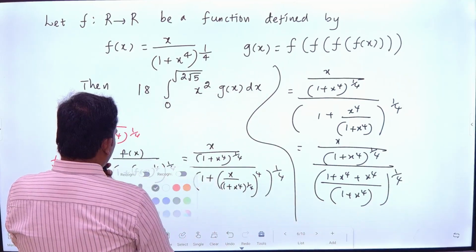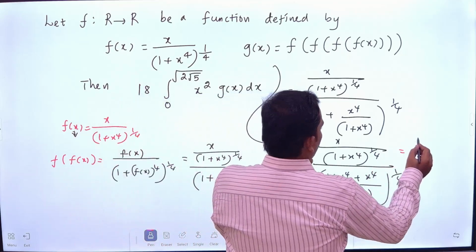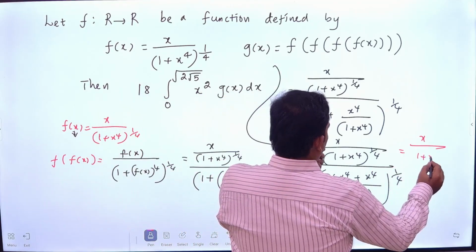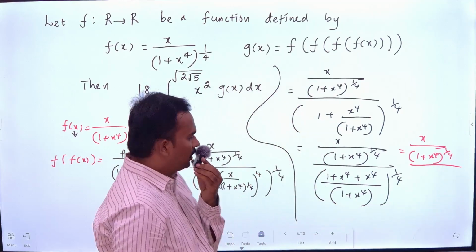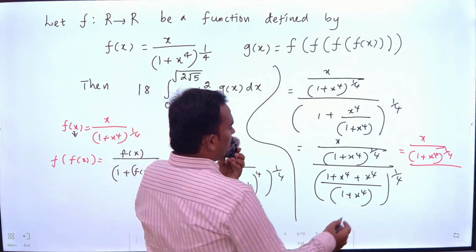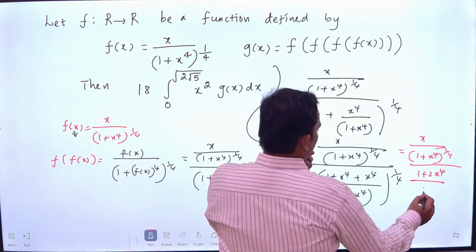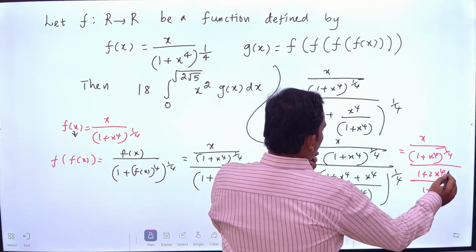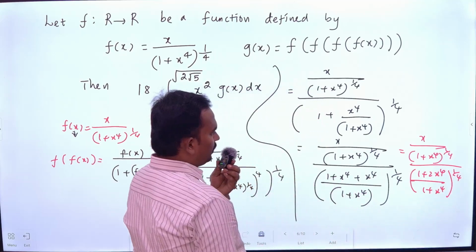Then how to write this quickly? x divided by (1 plus x to the power 4) whole power 1 by 4, divided by, in the numerator, 1 plus 2x to the power 4 divided by 1 plus x to the power 4, whole power 1 by 4.